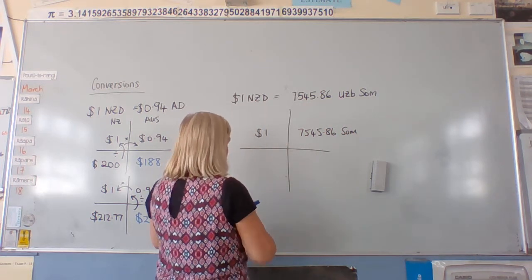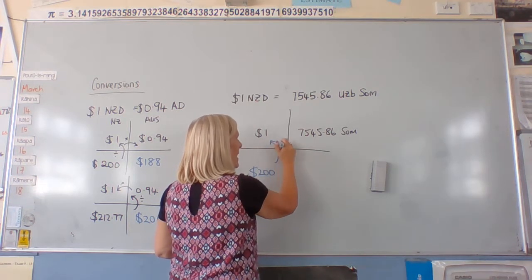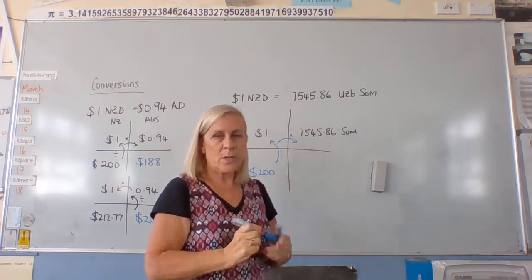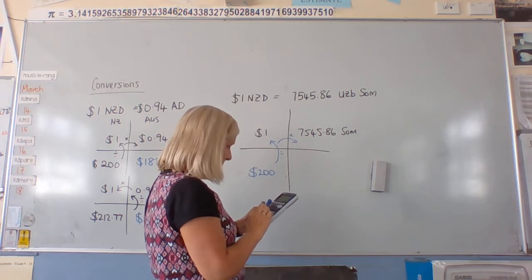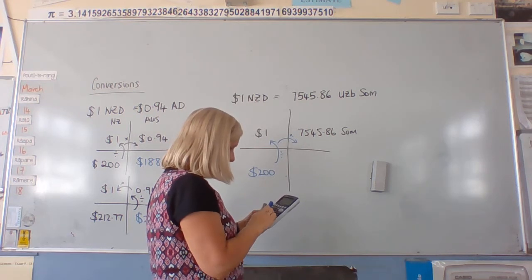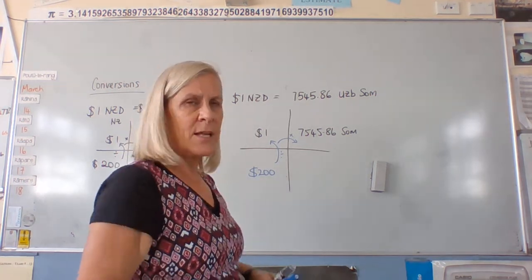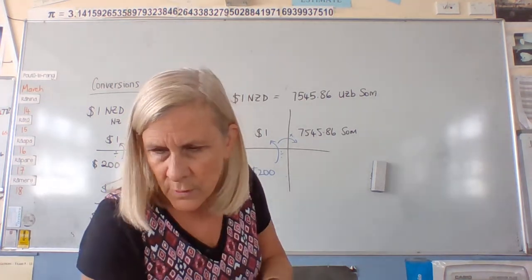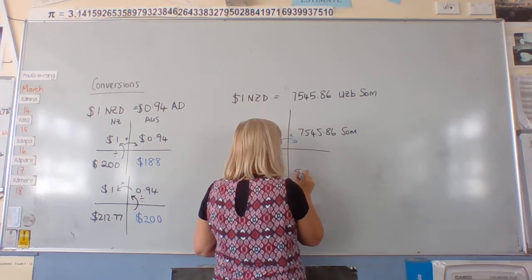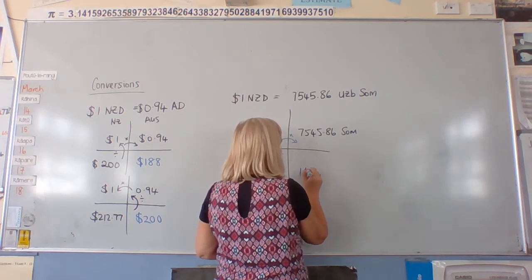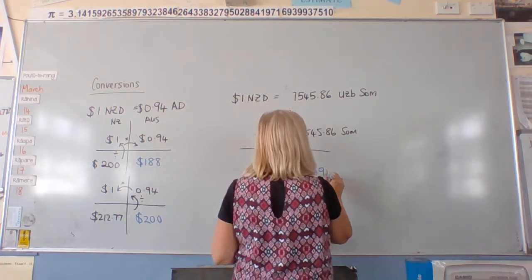Right, I'm taking my $200 and I'm going to divide and multiply. So divide by 1 gives you 200. So 200 times 7,545.86 equals, I've got 1,509,172 som.